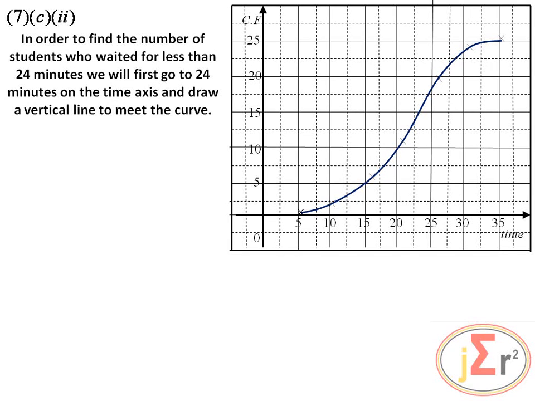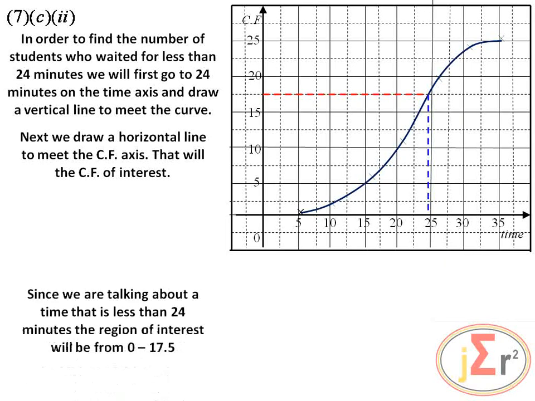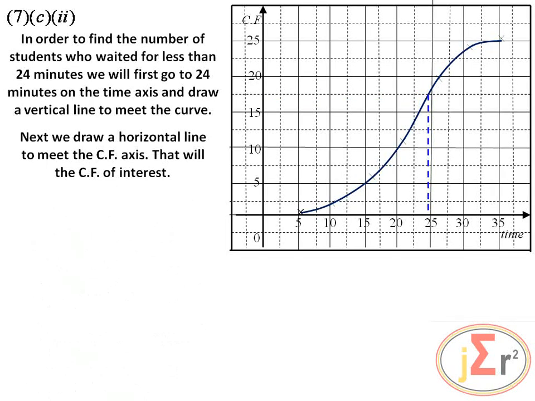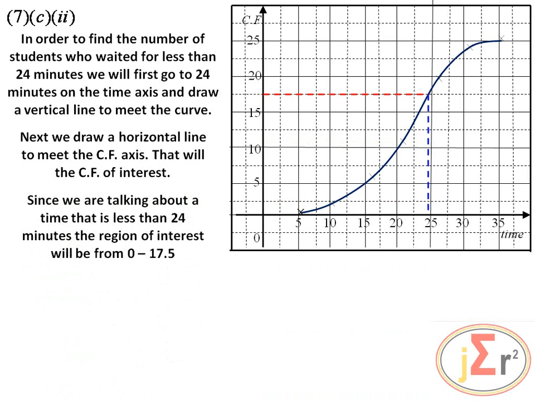The number of students will be on the cumulative frequency axis. After going up to meet the curve, we go across from the point of intersection of the curve and the vertical line, and we take note of where it meets the cumulative frequency axis.